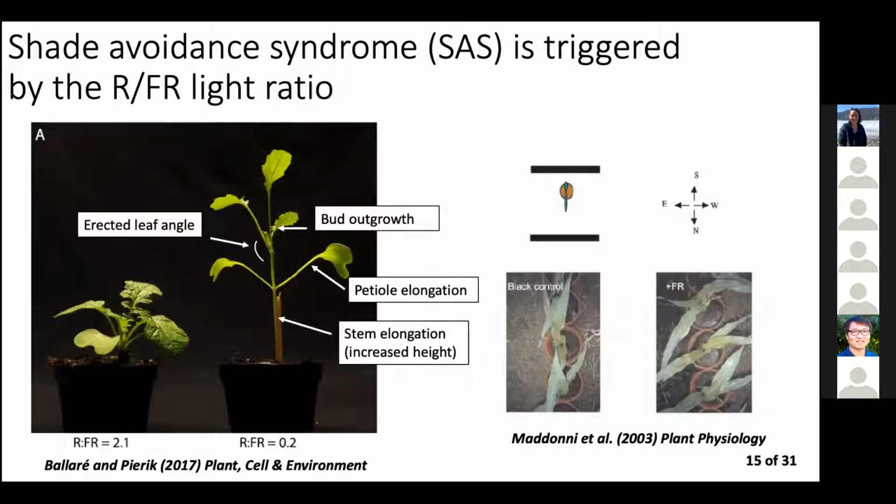Interestingly, in corn, there's a paper published in 2003 in Plant Physiology by a group of scientists from Argentina, in which they set up a far-red light filter on the south and north side of the plants. What they found is that, compared with the control, the plants started turning away from the south and north direction after you block the far-red light from those sides.